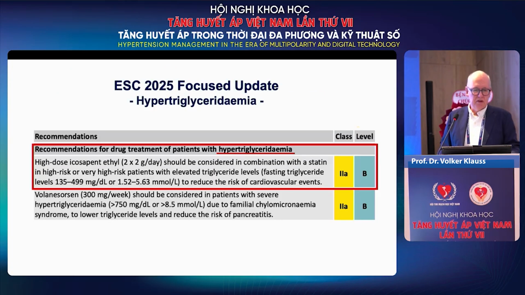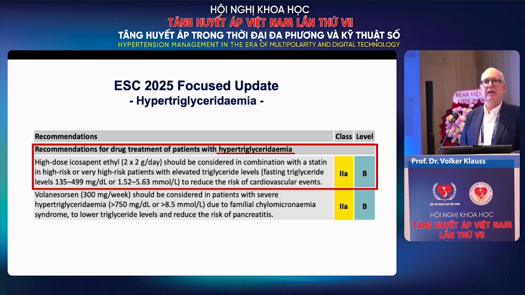Another subject is high triglycerides, and there's only one recommendation left in the guidelines, for icosapent ethyl 4 gram. That is the only drug which is now approved and where we have data for patients with high triglycerides, 135 to 500 milligram per deciliter.